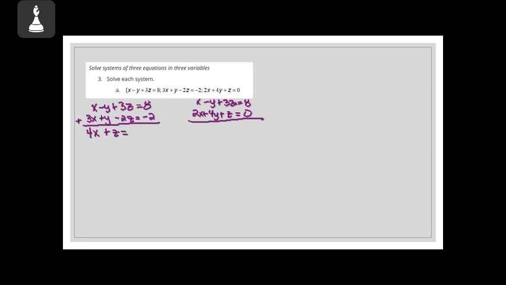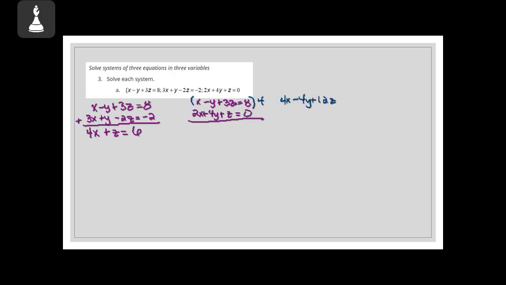So what I want to do now is use that second pair of the first and third to eliminate the y's again and just be left with x and z so that I can use the methods from the previous section. If I'm going to get rid of the y's here, I need to make this a negative 4y to cancel out with this 4y. So I'm going to multiply this top equation by 4. So I have 4x minus 4y plus 12z equals 32.